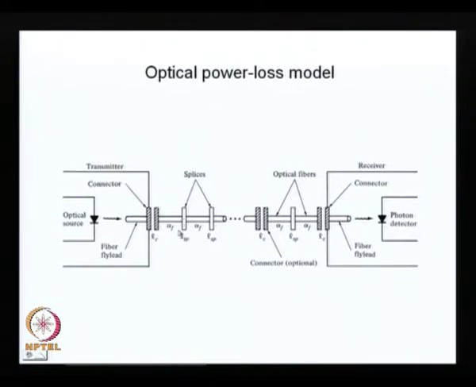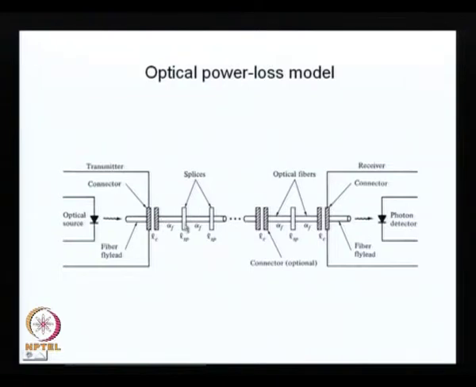Now, since this length could be of the order of tens of kilometers, the optical fiber does not come in one stretch for that length. So, normally you have standard spools of optical fiber. If you have to lay a long optical fiber, essentially you have to create joints of this optical fiber, what we call splices.